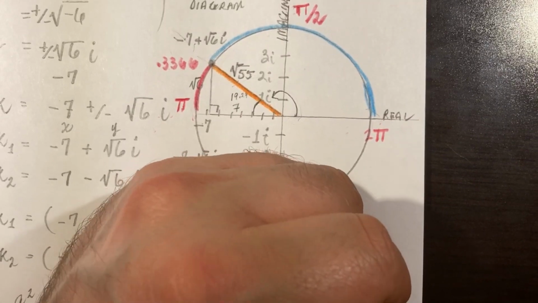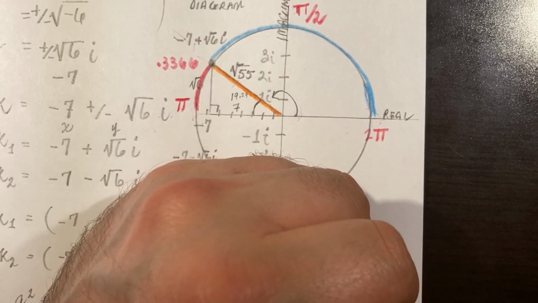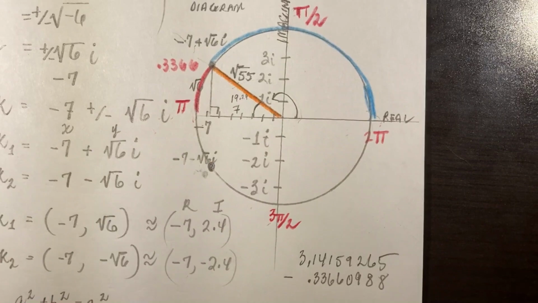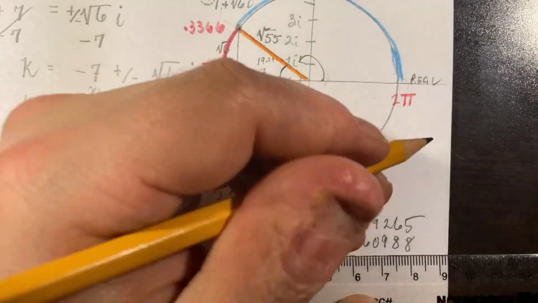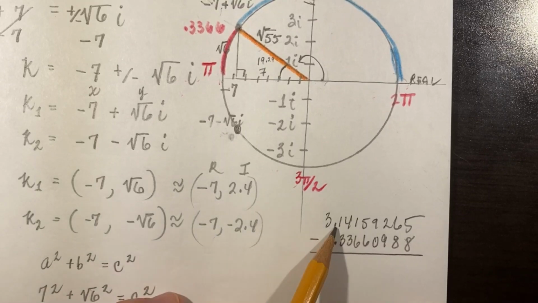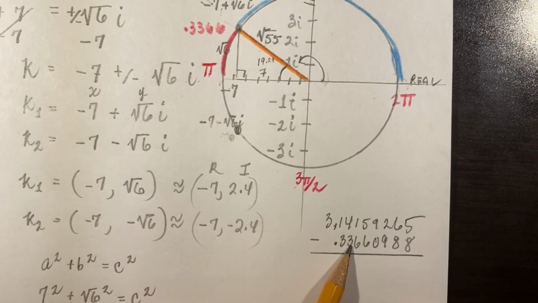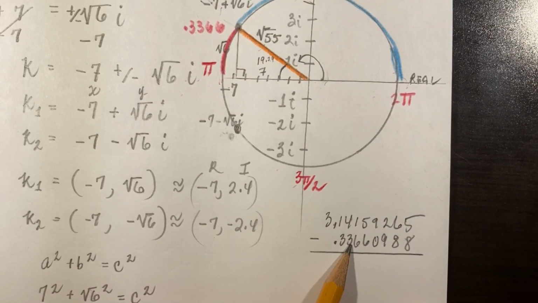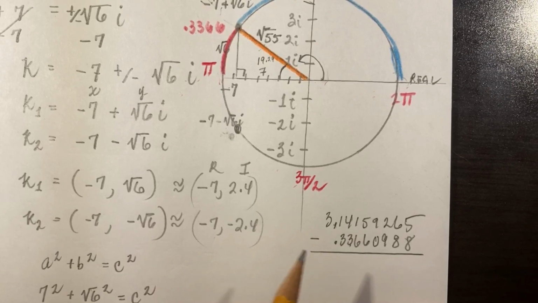We'll just round to the nearest, so it would be 8 right there. We want to subtract these two things. This is just pi, and this is the arctangent of square root of 6 over 7.